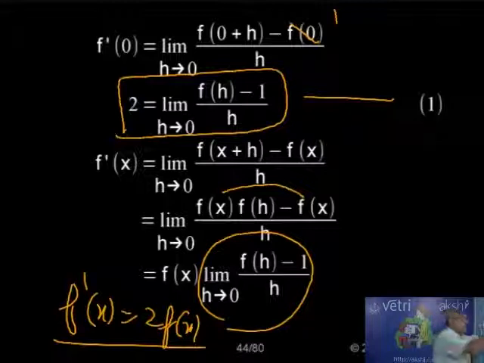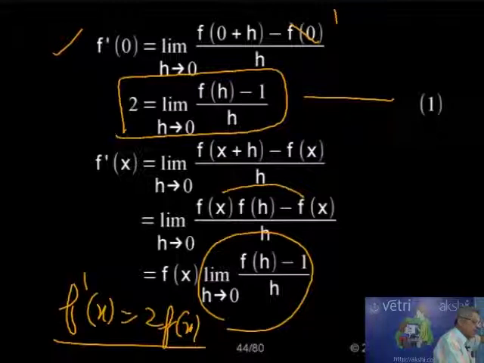This is from the definition. f(x) is differentiable at all x. Therefore, I am writing f dash x using f dash 0, and f dash 0 is 2. Because f(0) is 1, we have obtained f dash x. Here, I am using the definition f of x plus y is f of x into f of y.